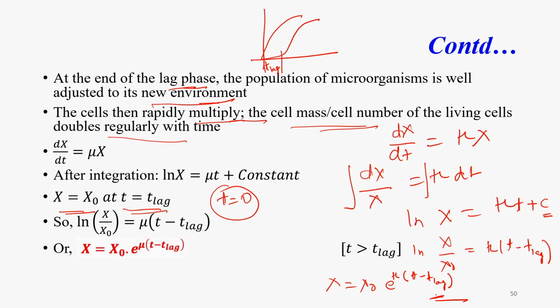For only the exponential phase, if you remember, the initial expression was only x = x0 e^(mu t). The t_lag term was not there.